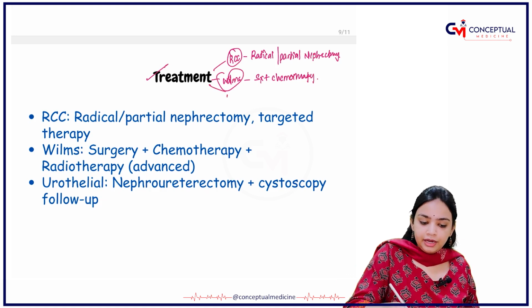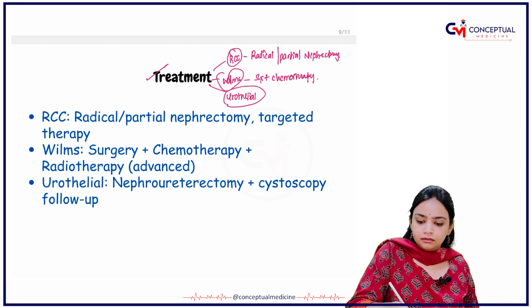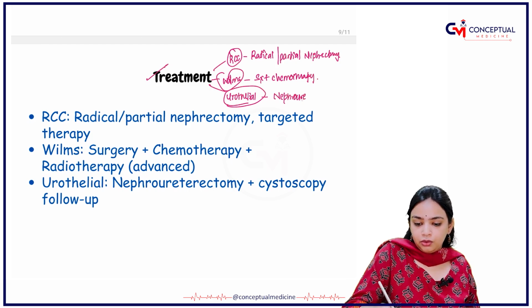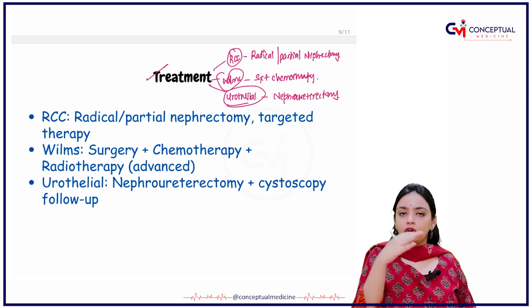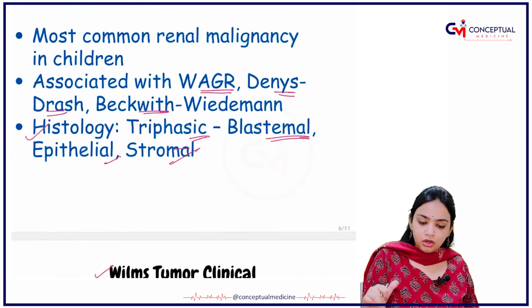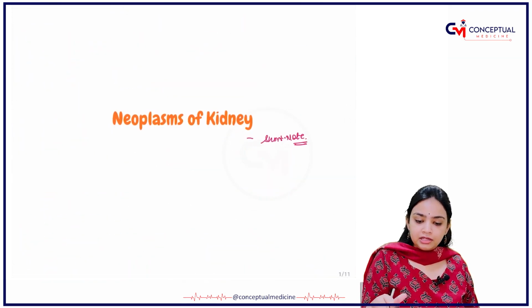If we are dealing with the urothelial one, we will give the nephroureterectomy plus follow-up. Follow-up is there in each and everything, right? So this was all about the neoplasm of the kidney.